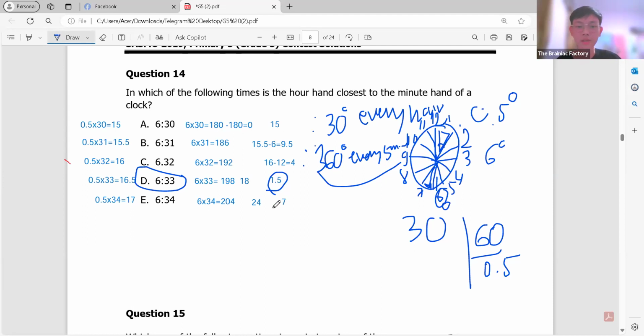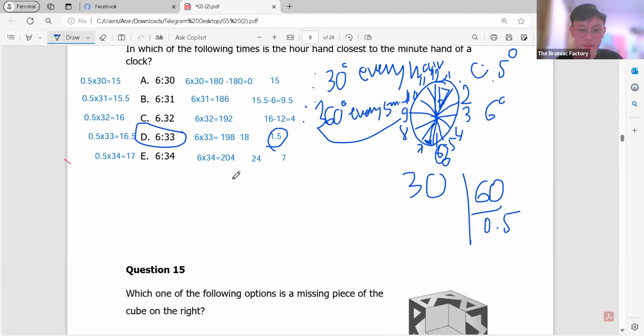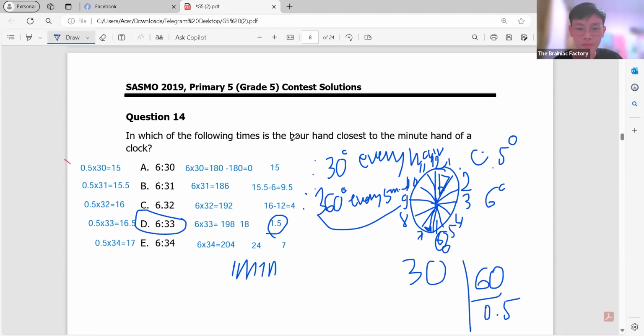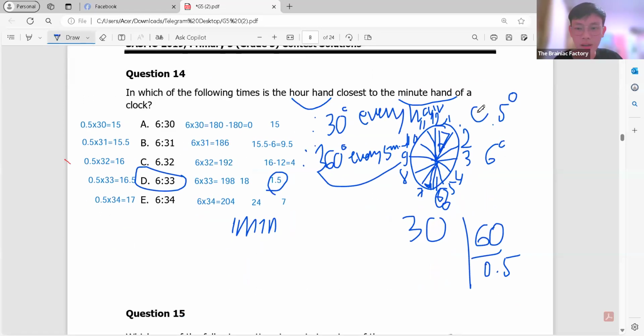So to make it easy, we're finding 1 minute, how much distance in 1 minute that both the hour hand and minute hand move. As shown here, the hour hand moves 0.5 degrees per minute, and the minute hand moves 6 degrees after 1 minute.